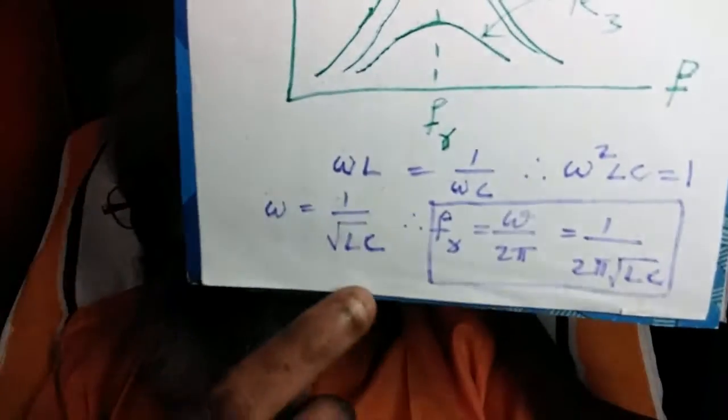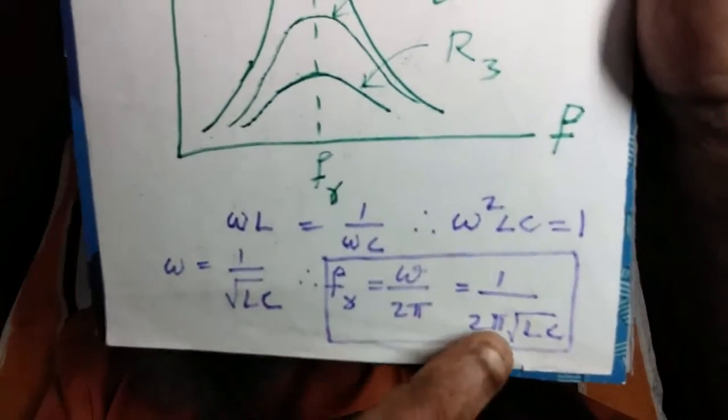If the source supplies AC at different frequencies to the circuit, and if that group of frequencies contains this particular frequency 1 by 2 pi root of LC, the circuit will conduct this particular frequency AC with maximum current.